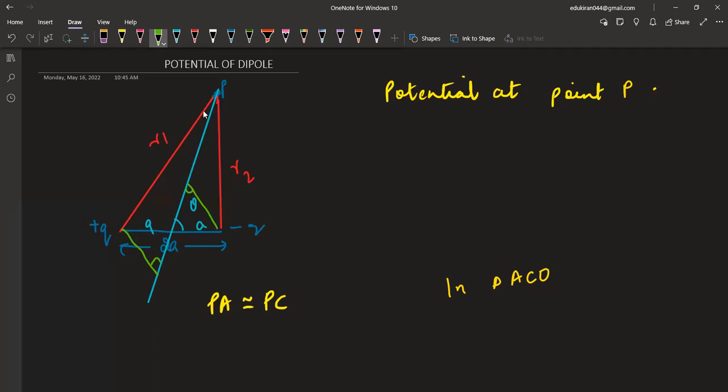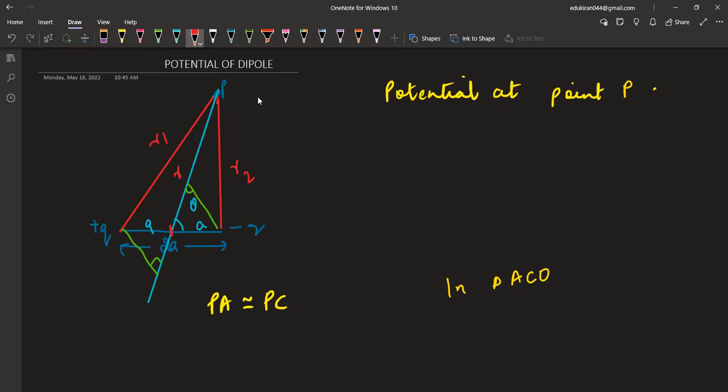Now, remember when we did the electric field due to a dipole for an axial or equatorial point, we took the separation from the center of the dipole to the point as R. So here, center of the dipole to the point of calculation is your R this time.